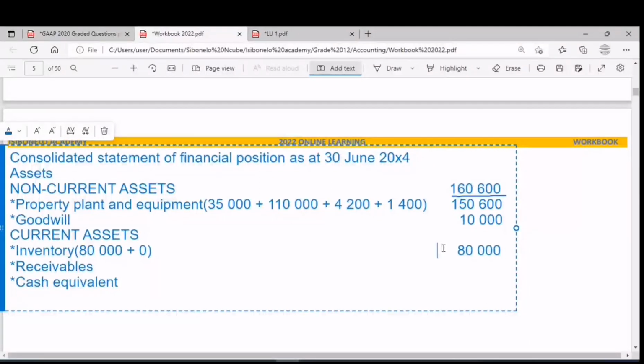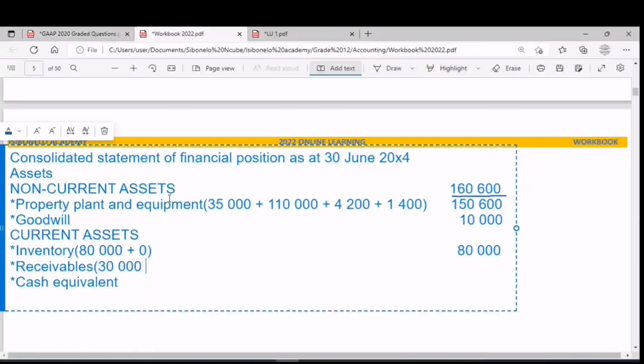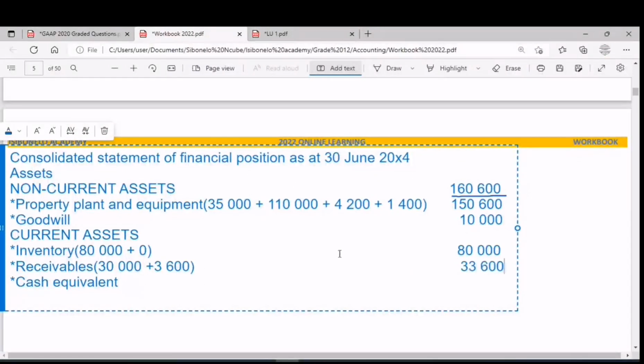Then receivables, account receivables: 80,000 plus 3.6. This gives us 33,600. And the last one, cash equivalents.